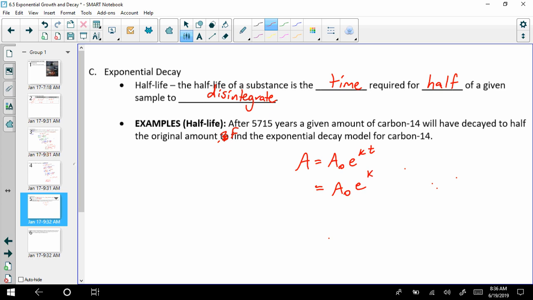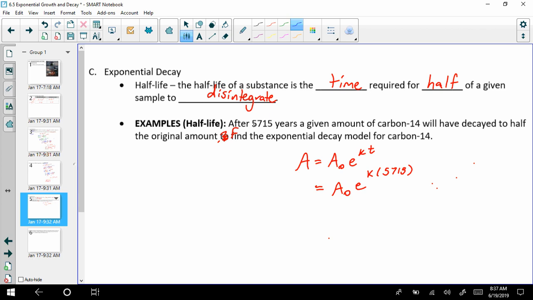I do have a time frame, though. They said 5,715 years have passed. And now here's the catch with this one. Did they tell me an ending amount? No, but yes at the same time.